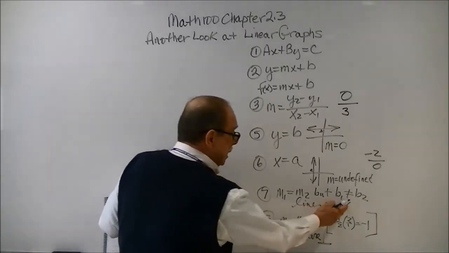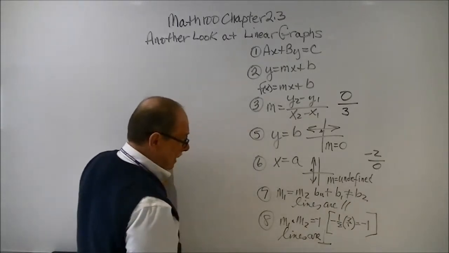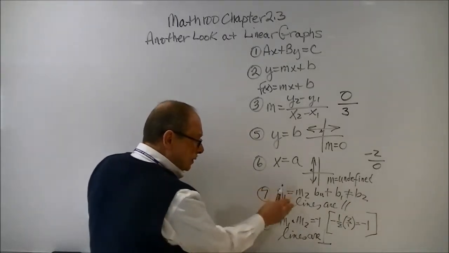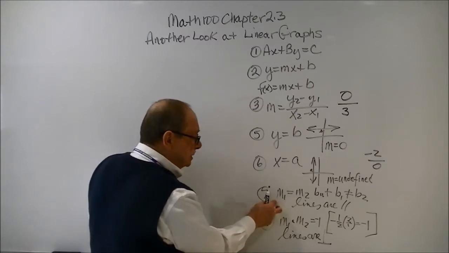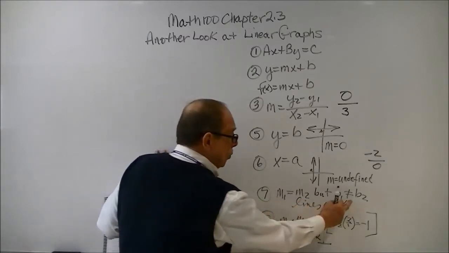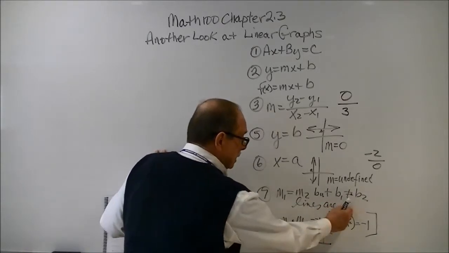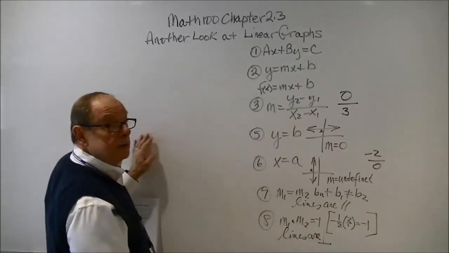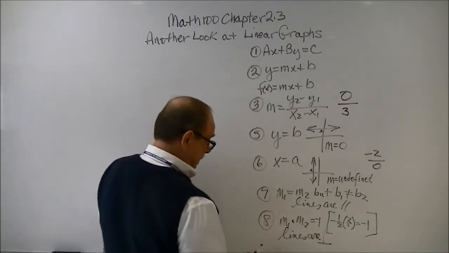This is how we write it. So this is a summary for lines that are parallel: slopes are the same, y-intercepts are different, the lines are parallel. We'll be doing some examples on this shortly.